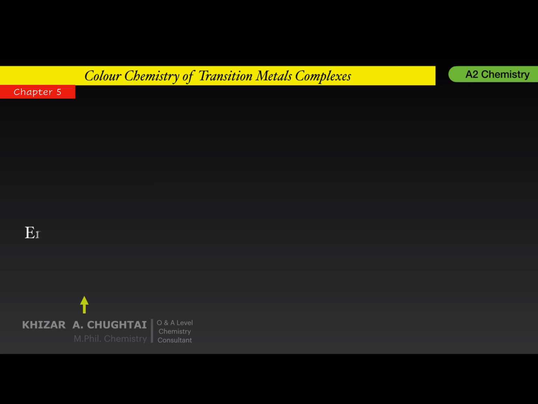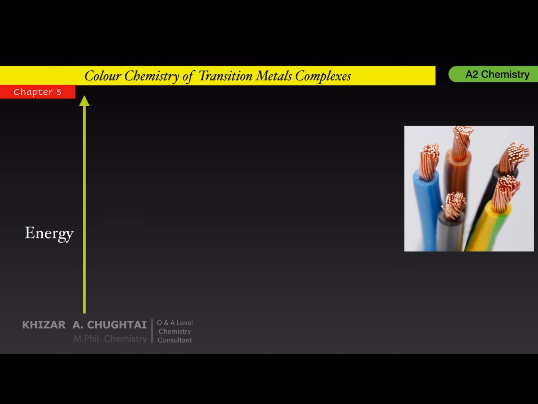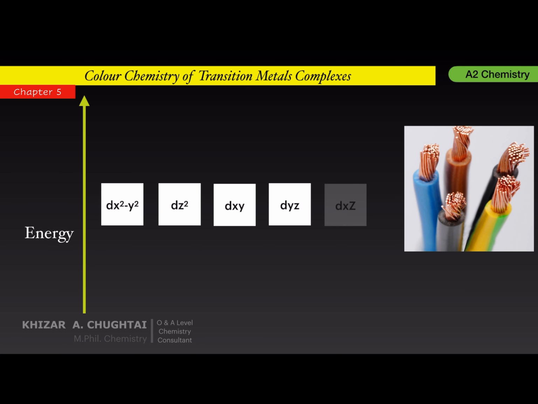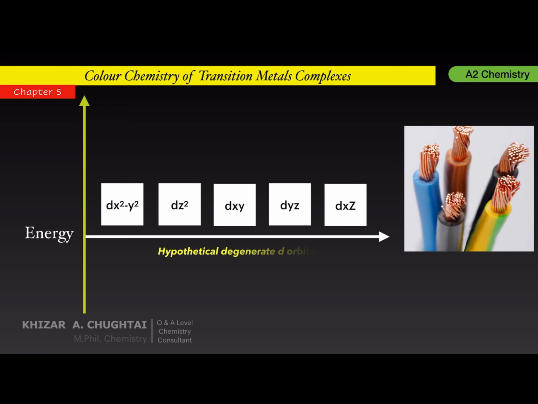Now let's talk about the complexes, their geometries, and the different colors. Before making the complex, any transition metal ion is said to have degenerate orbitals. For example, in the case of copper, it has five 3d orbitals: dx²-y², dz², dxy, dyz, and dxz.